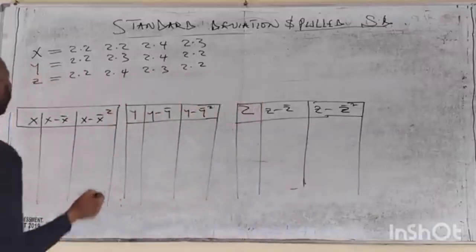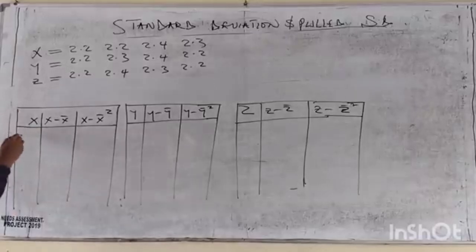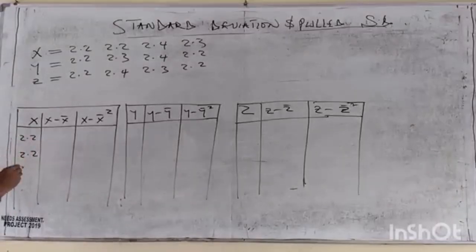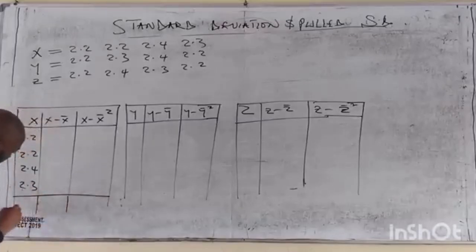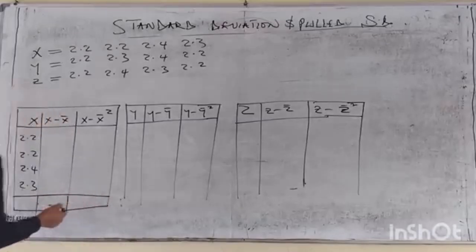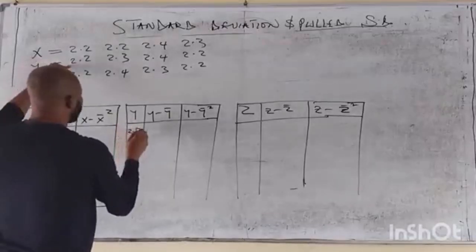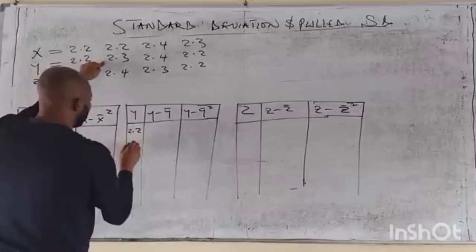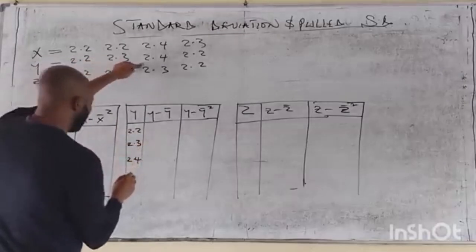So let me put them down. I have here 2.2, 2.2, 2.4, 2.3, and the summation. This is where I put my summation. Now y is 2.2, 2.3, 2.4, 2.2.